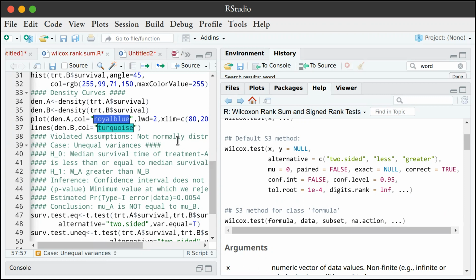Okay. So drug A seems to be more effective than drug B, or treatment A is more effective than treatment B.